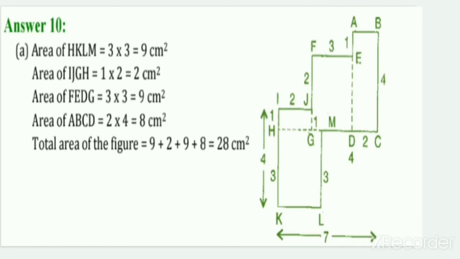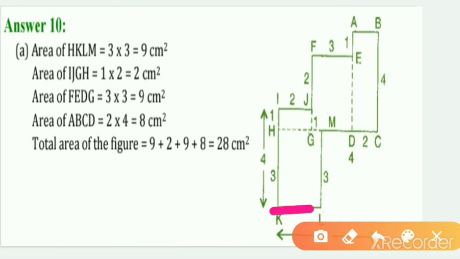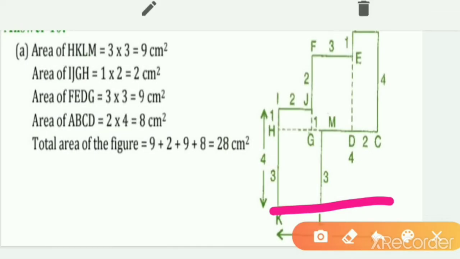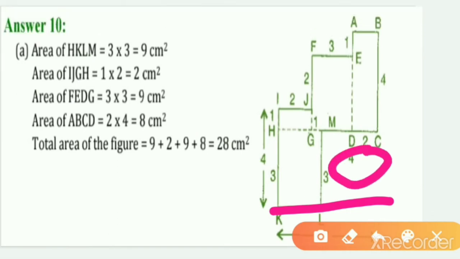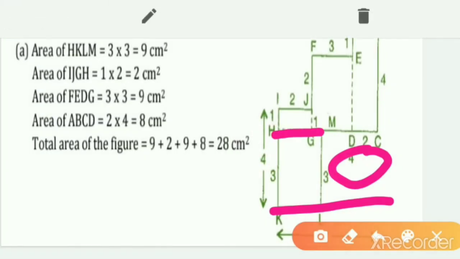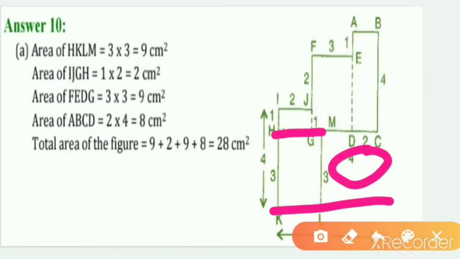Because this complete, you can see here, is 7, and what is this here? This is 4. It means 7 minus 4. What is the left portion we have? Left portion we have is 3. So this is 3, this is also 3, and 3 into 3 is 9 centimeter square.